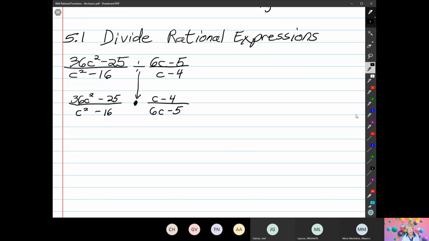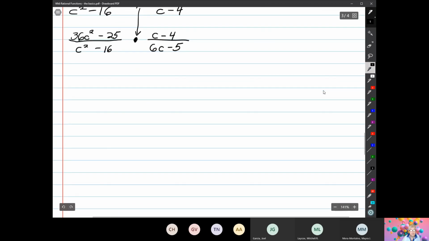Now I have a multiplication problem. That's the only difference in a division problem and a multiplication problem. You turn the division problem into a multiplication problem and all your problems are solved. Well, almost. You still have to know how to factor.